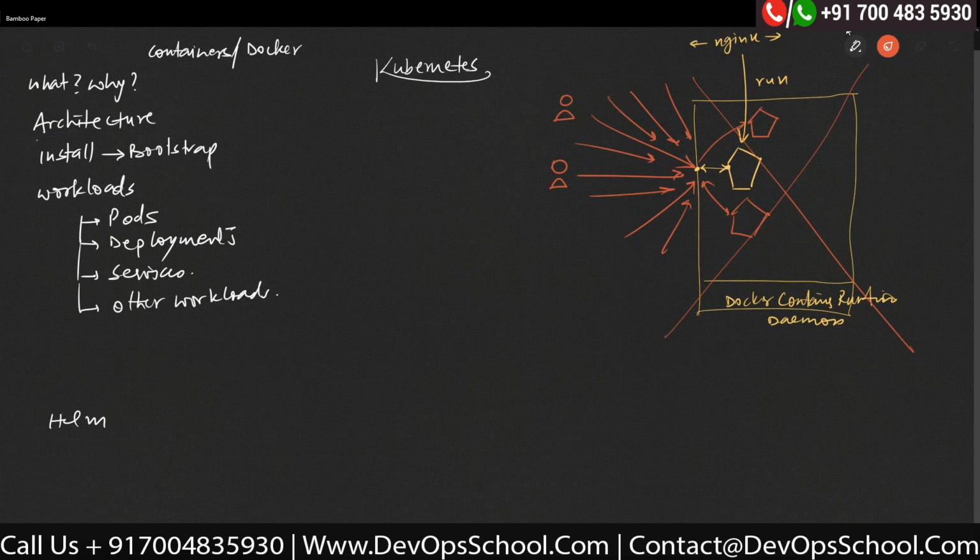So with plain vanilla Docker, we have containerization, which is very good, but we do not have high availability. We do not have scalability. Also, we do not have auto scalability. That also is missing.